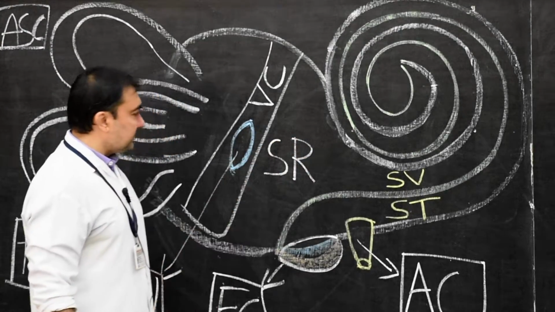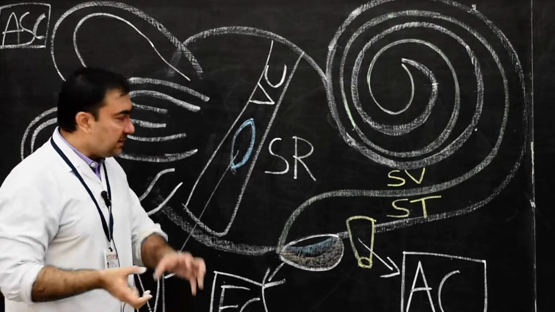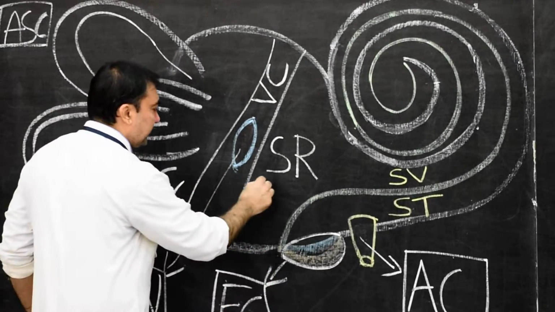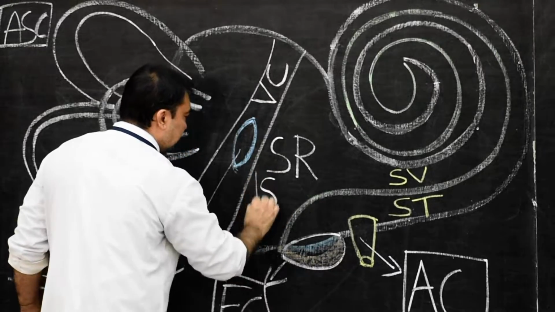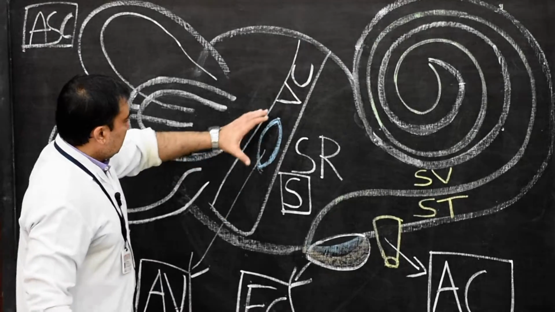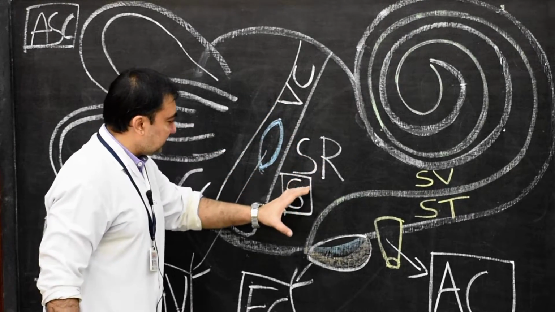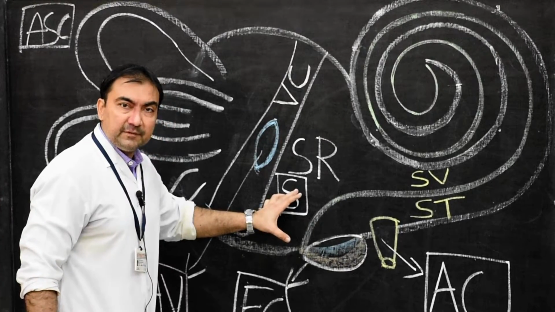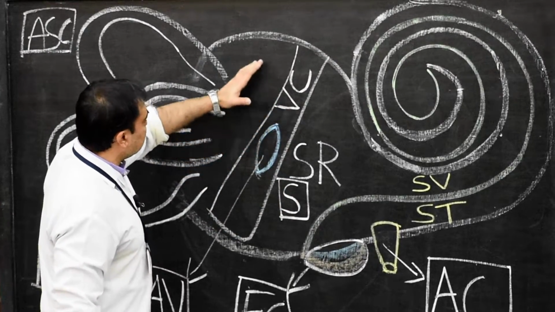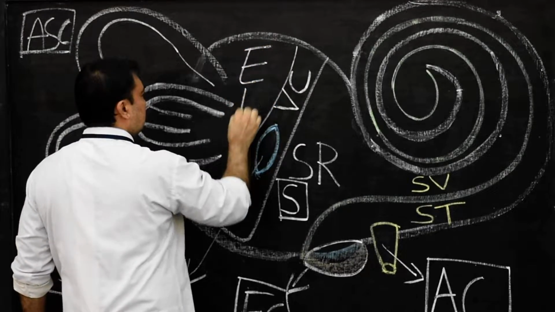And this spherical recess has an important content of the membranous labyrinth. Deep within the spherical recess, which portion of the membranous labyrinth is present? Saccule. This vestibular crest has divided the anterior-inferior segment into the spherical recess, in which the membranous labyrinth called the saccule is present, and it will also divide the posterior-superior segment into the elliptical recess.